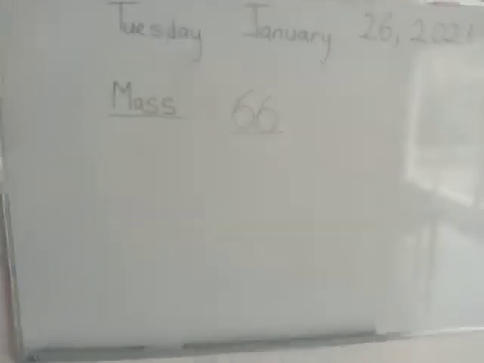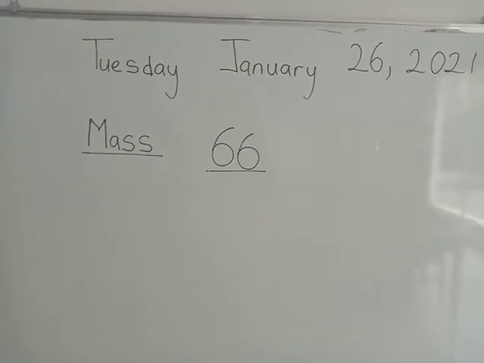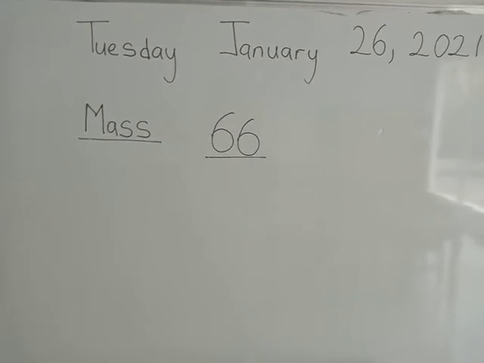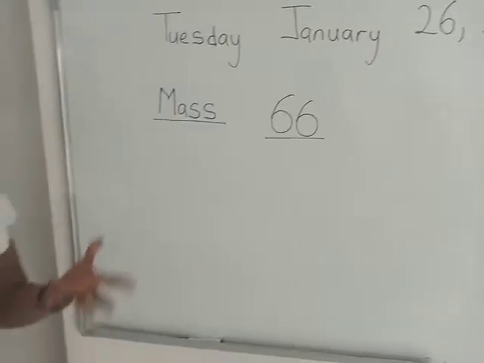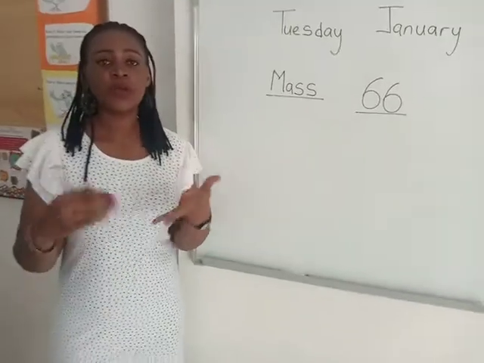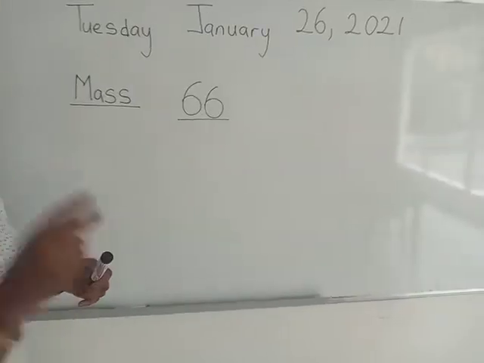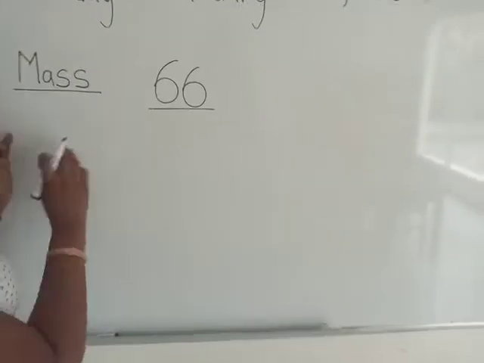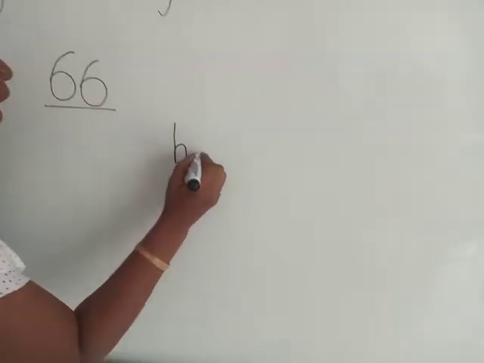Alright, so in today's topic, we will be comparing and ordering masses of objects. We have to be comparing two different objects to know which one weighs more and which one weighs lesser. And for us to do that, we'll be using two words to describe mass. The first word is heavier.